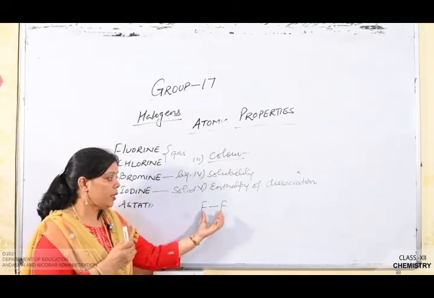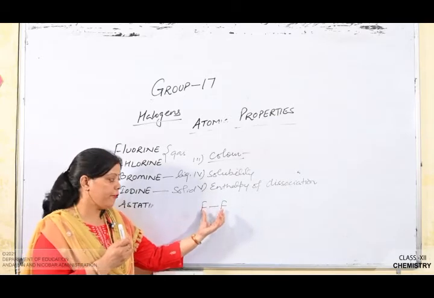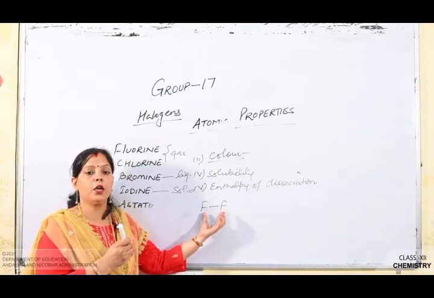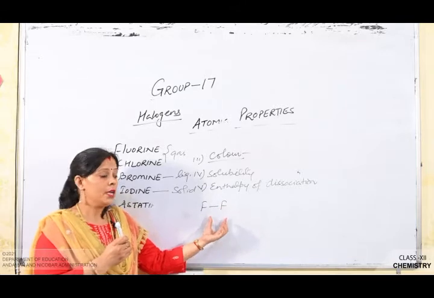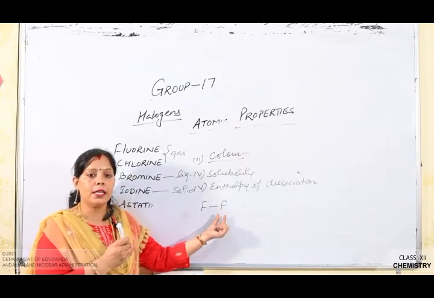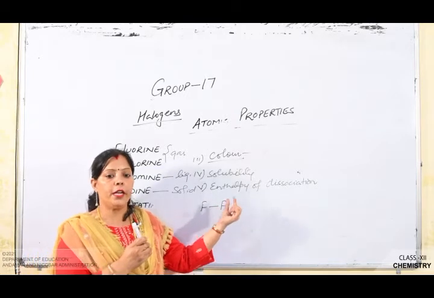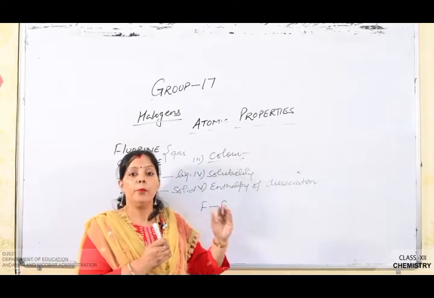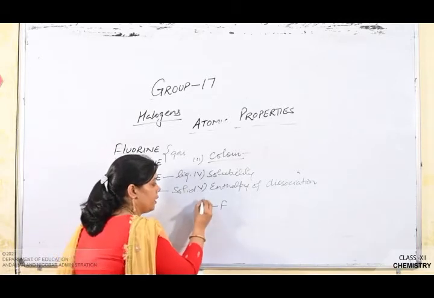The bond dissociation enthalpy of the F-F bond is less than chlorine and bromine because fluorine has a very small size, and in the small size there is large inter-electronic repulsion between the lone pairs of electrons.